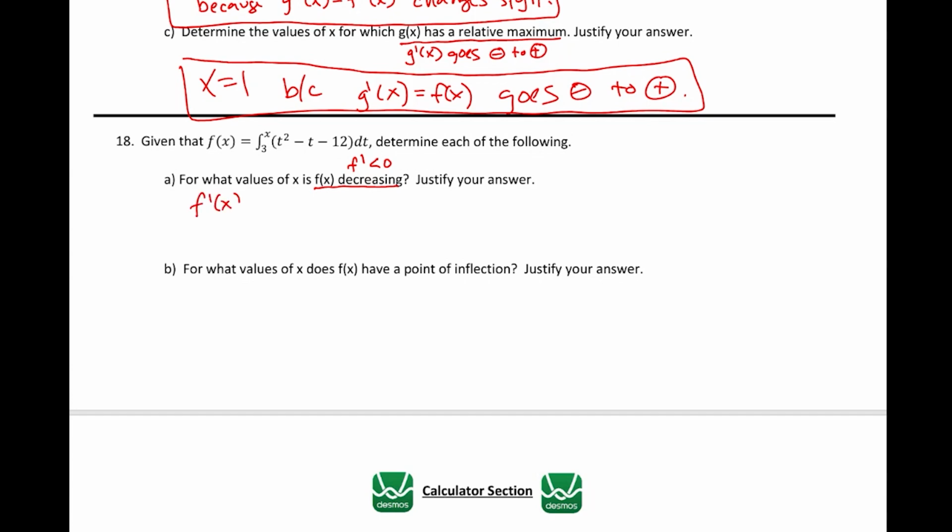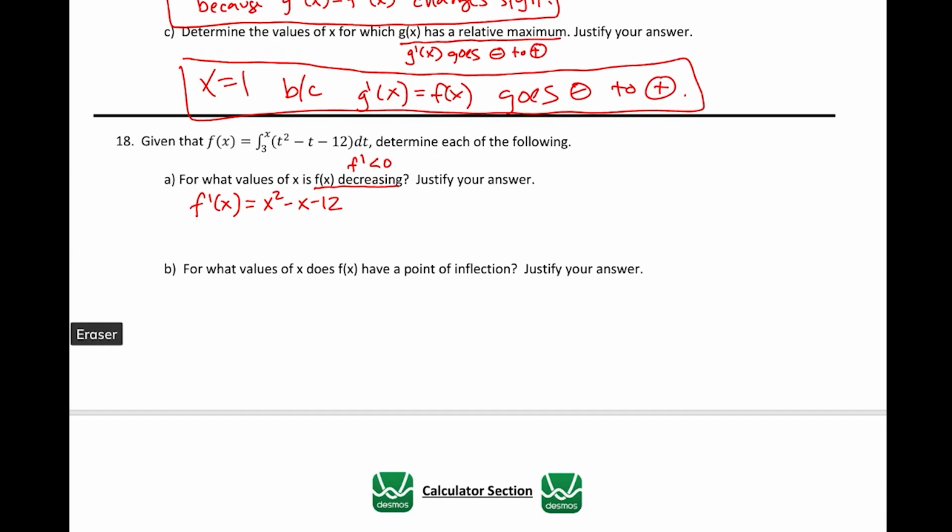So f prime is going to be the derivative of this. And when we differentiate an integral function like this, we're just going to take that upper bound and plug it into t. So that'll be x squared minus x minus 12. And we want to know when is that negative. So what we need to do is find the critical points.